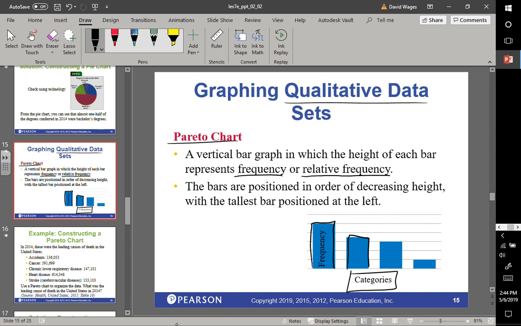Notice there are gaps between them because the bars are categories. They're not classes from one number to the next and from that number to the next. They're just different categories. And again, like I said, they're in decreasing height. So this is the largest category, and then this one is the smallest category.